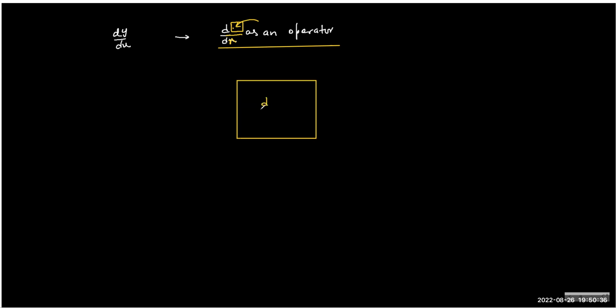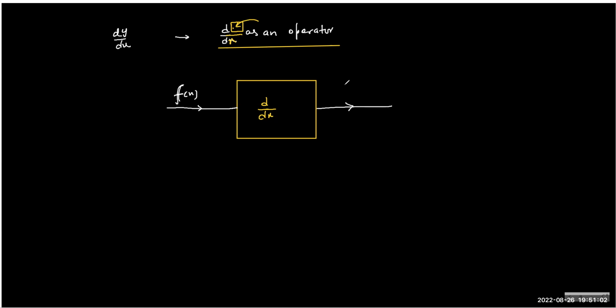We have a box with operator dy by dx. We have some input. Here the input will be the function itself. And when this input is given to this operator, it gives you some output.